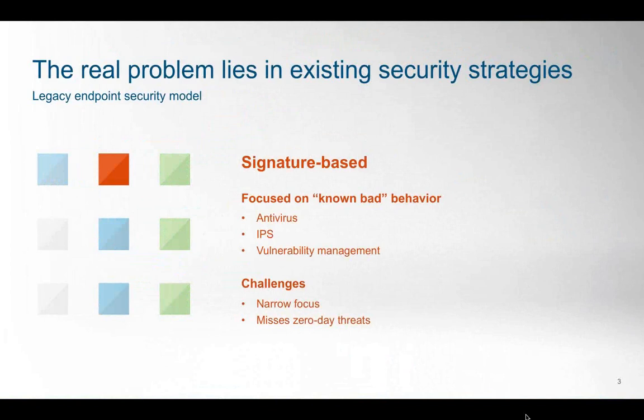The current architecture we have in the world of security is not good enough for the way the attacks are happening. So the focus here is where is the existing problem in the current security strategy?